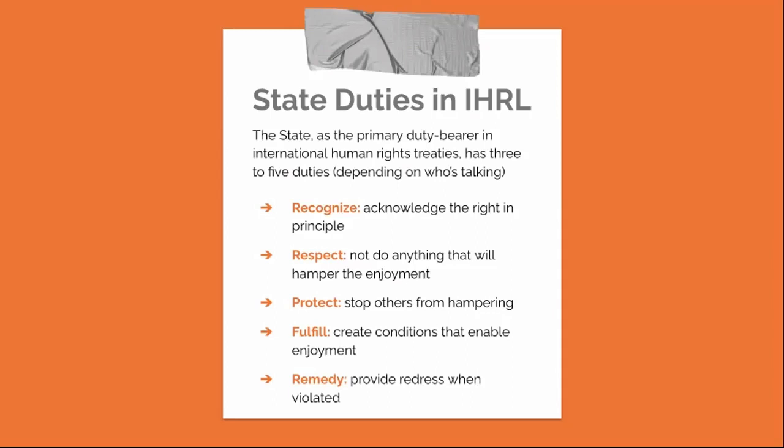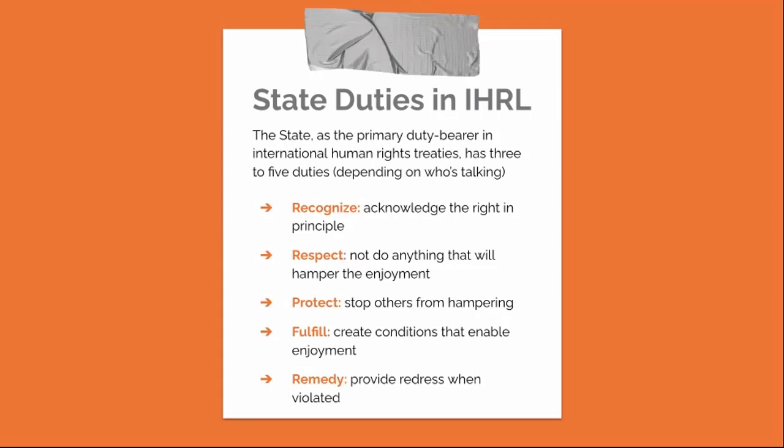Because if someone violates that, or if the government violates that right, there needs to be a remedy. So usually when I read laws from a human rights perspective, I see, oh, okay, they're trying to respect the right, they're trying to protect the right, they're trying to fulfill the right. But sometimes there's no remedy whenever something bad happens. And I'll talk about an example of that later. But the last thing I want to talk about is the responsibility to recognize, to acknowledge that the right exists in principle.